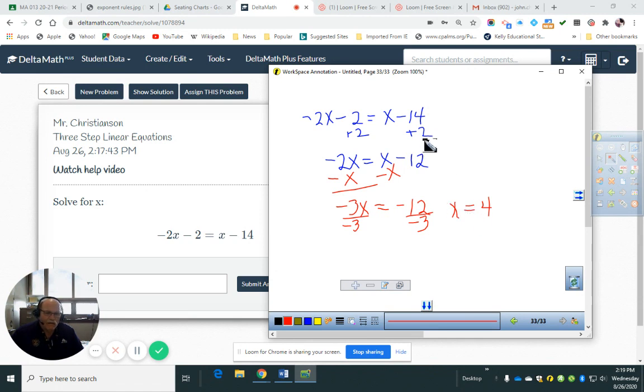So these are 3-step equations. You should take this 4 and plug it in, because you have to check and make sure it's right. So negative 2 times 4 is negative 8, minus 2 is negative 10. And over here, 4 minus 14 is negative 10. So they're equal, and that means we have the correct answer.